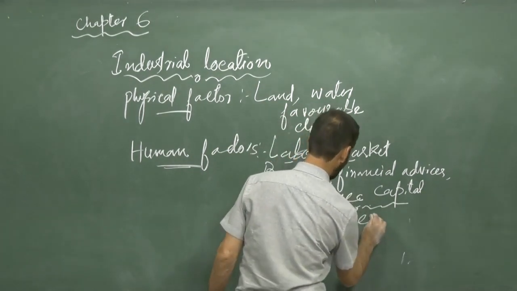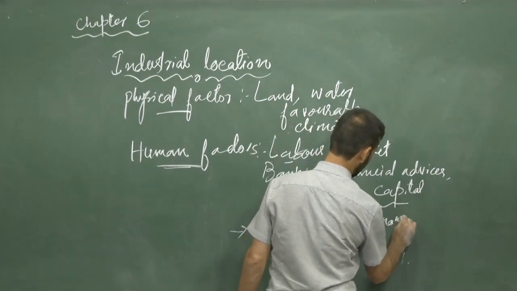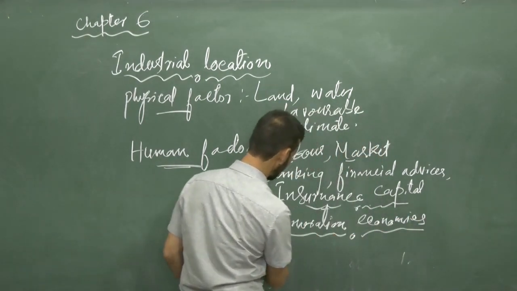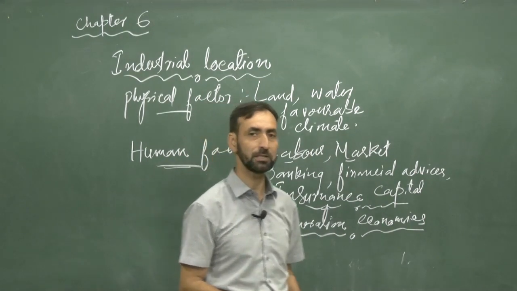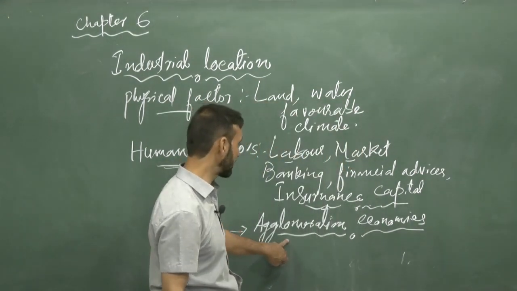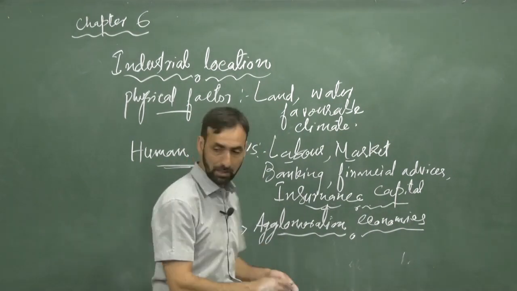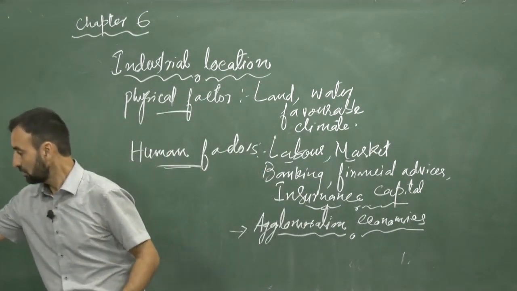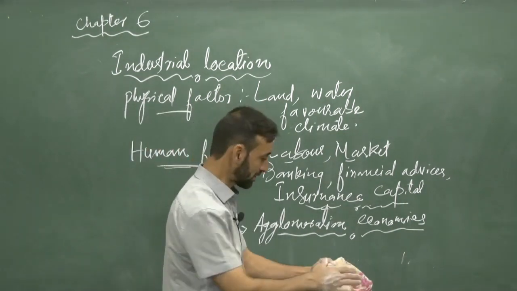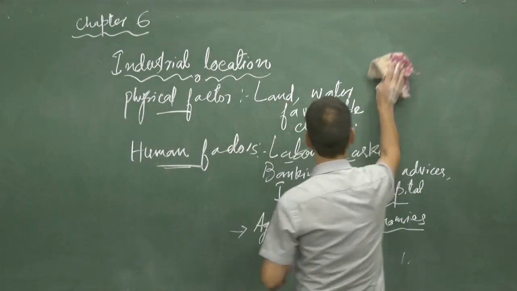Agglomeration economies refers to those areas where a cluster of industries is found and is more benefited in that place. Now, there is another concept, that is industry market linkage.